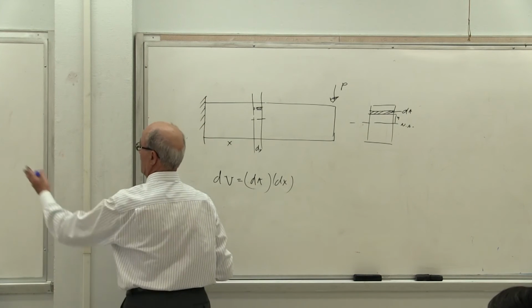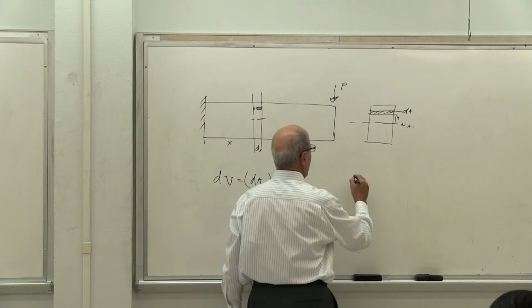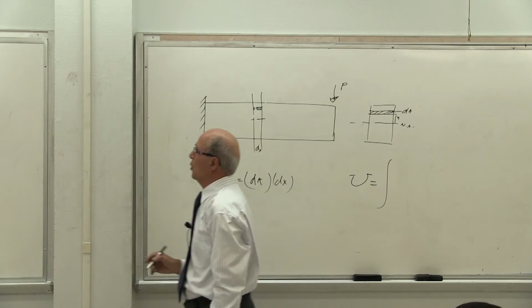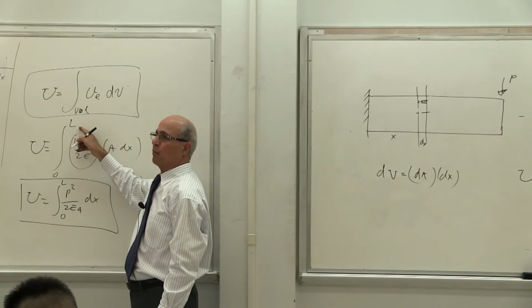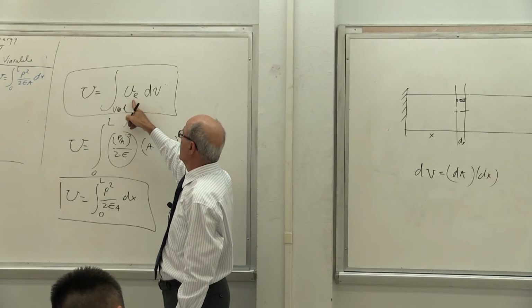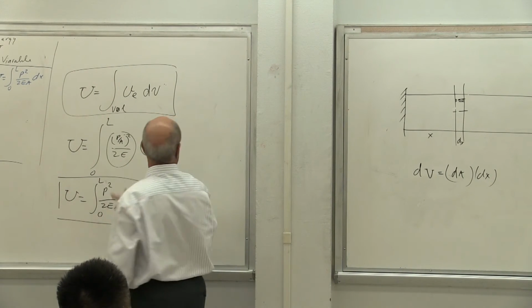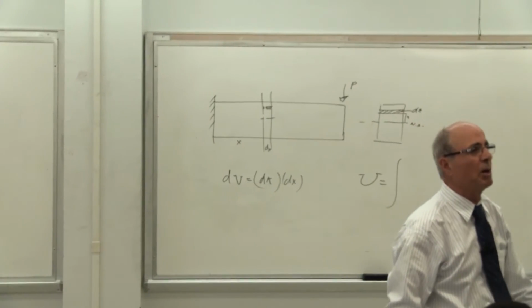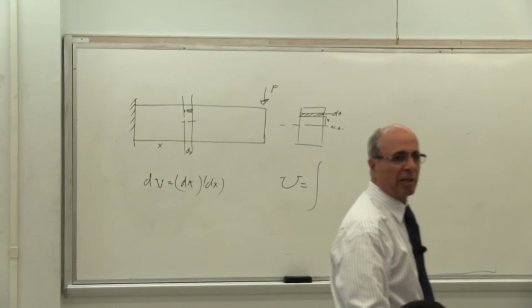Then we get to the formula again. Total energy, write it down, equals what? It equals the integral over the volume, which is now x, y, dA dx. So the energy density, what's the energy density? I'm sorry, I erased it. It was sigma squared divided by 2E. Is that correct or not?